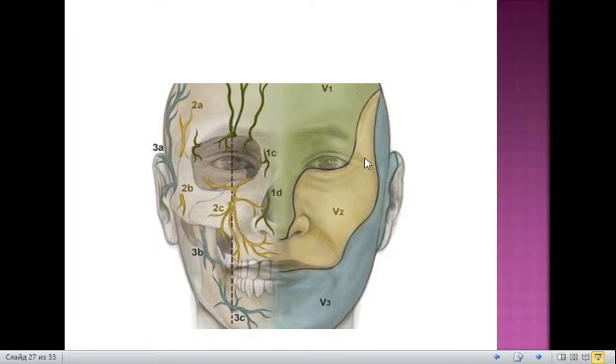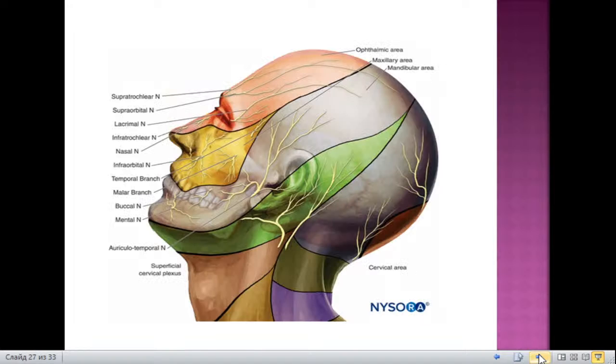Now I will not say the names of nerves because you study it just right now. So you remember the first division of the trigeminal, the second division of the trigeminal, and the third division of the trigeminal. And same here, but with some difference in the colors.